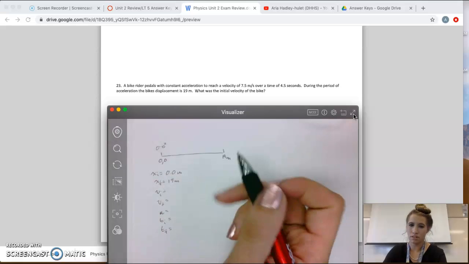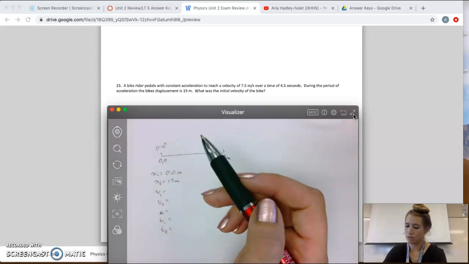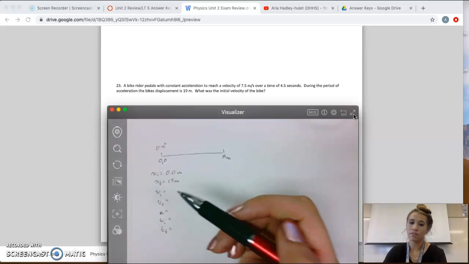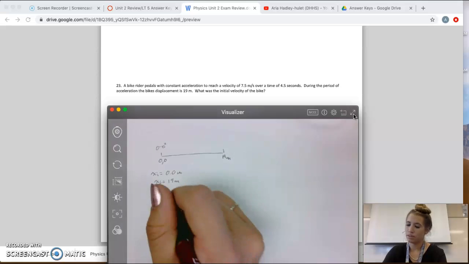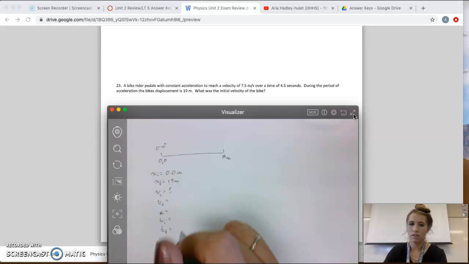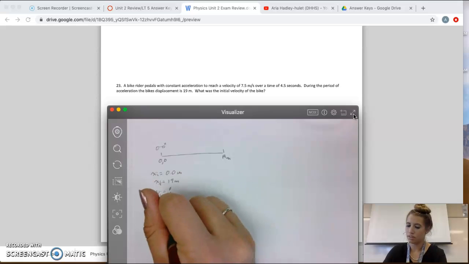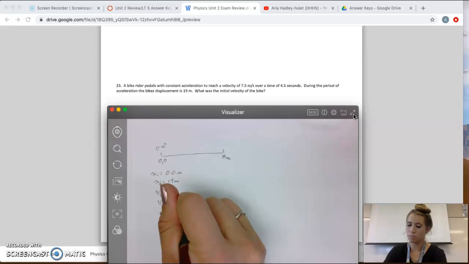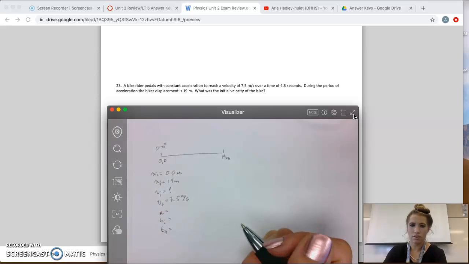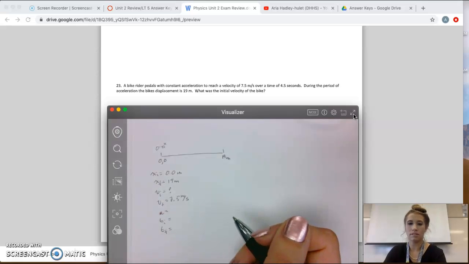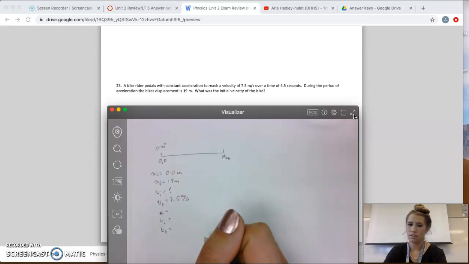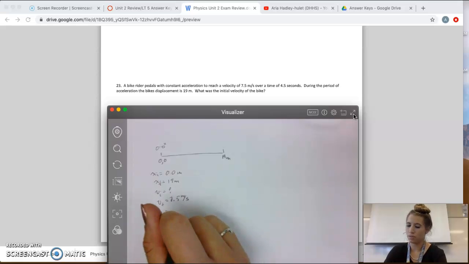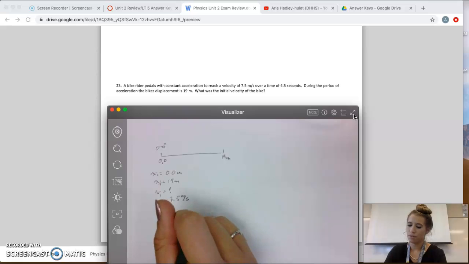Got that from the displacement part of that question. Okay. Velocity initial is what we're solving for. Velocity final is 7.5 meters per second. We don't know the acceleration, it just says that it's a constant acceleration. And then time initial is 0. Time final is 4.5 seconds.